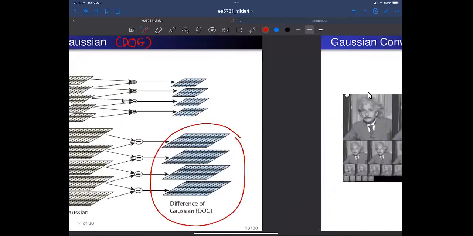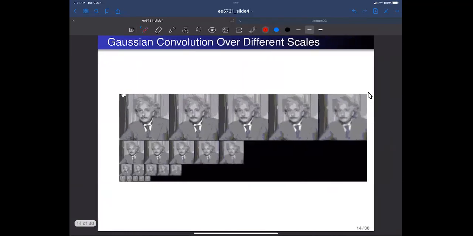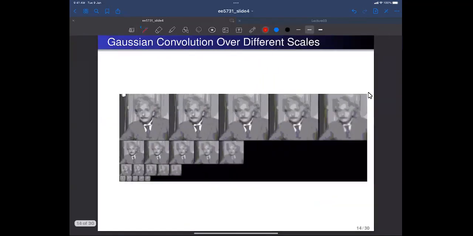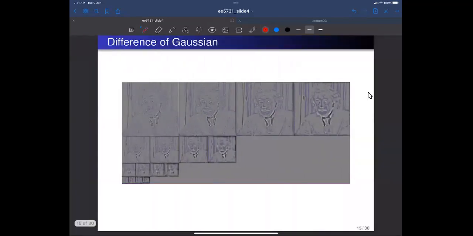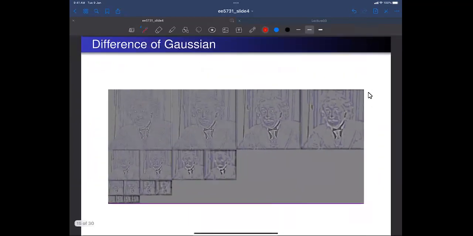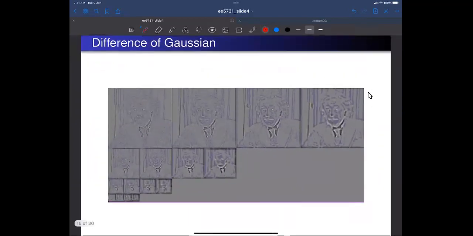The operation will give you something like this. This is the difference across different scales of kernels and different sizes. And if you do the DOG operation for the same scale, then the edges will come out. This is again called difference of Gaussians. Any questions here?